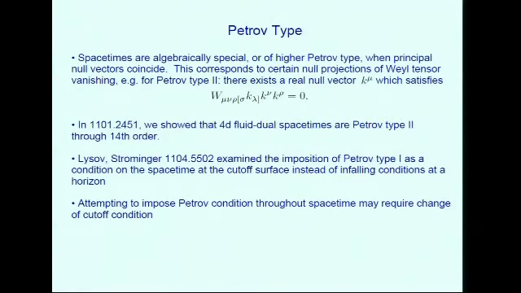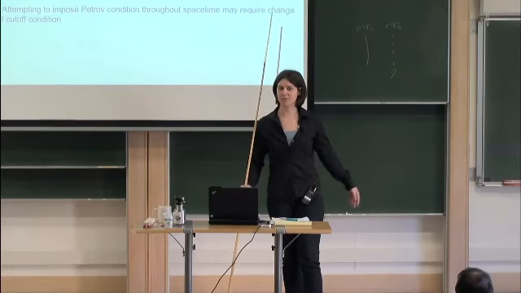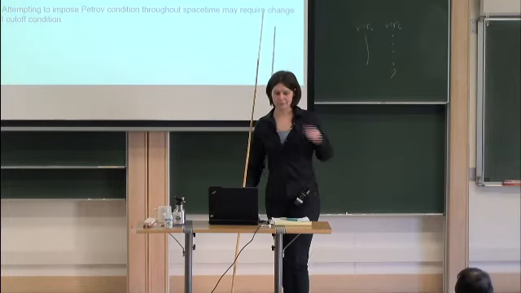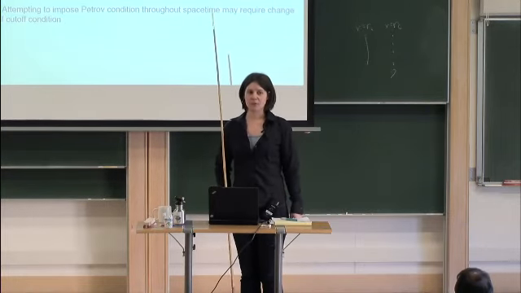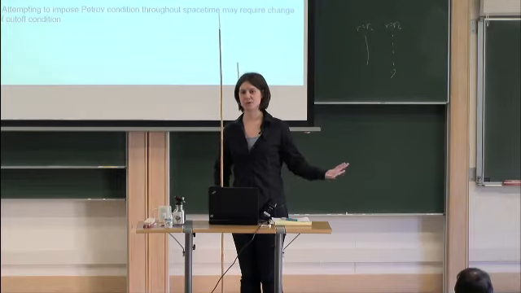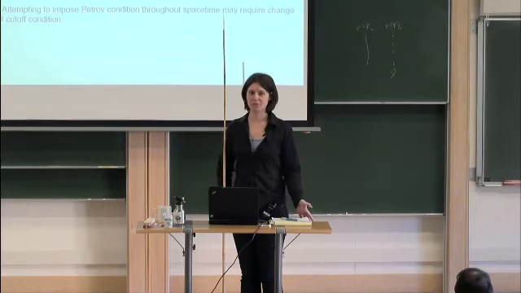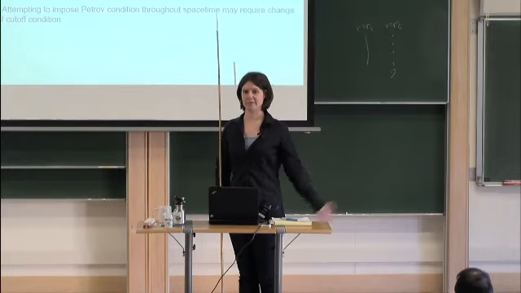So for example, Petrov type 2, I'm writing this down just in 4 dimensions because that's actually all we did in our initial paper. I should point out that everything else I have said up to this point holds in whatever number of dimensions you would like. Although, as a caveat, in 3 dimensions fluids are boring, because 3-dimensional spacetime corresponds to a 1 plus 1 dimensional fluid, and divergence-free in 1 dimension means that you only have constant things.